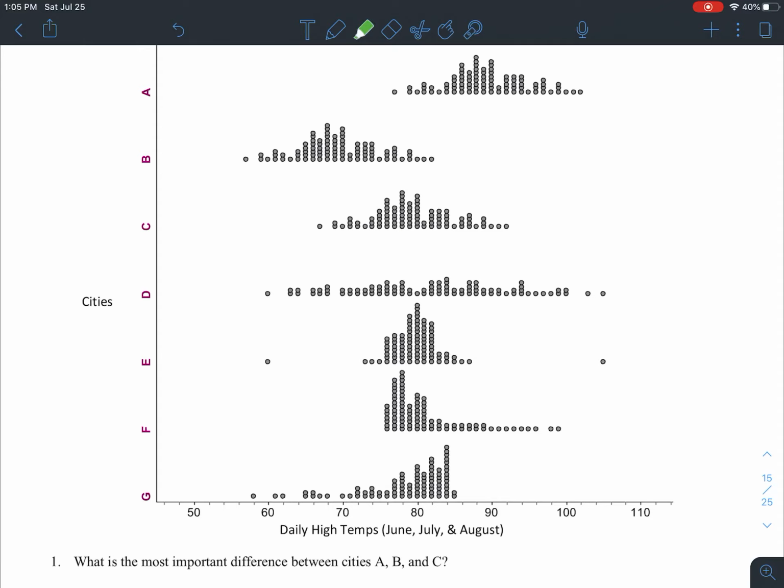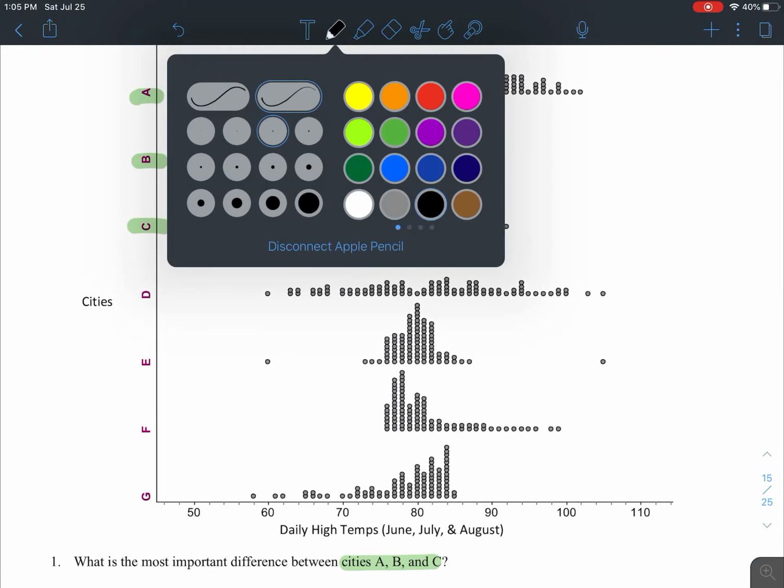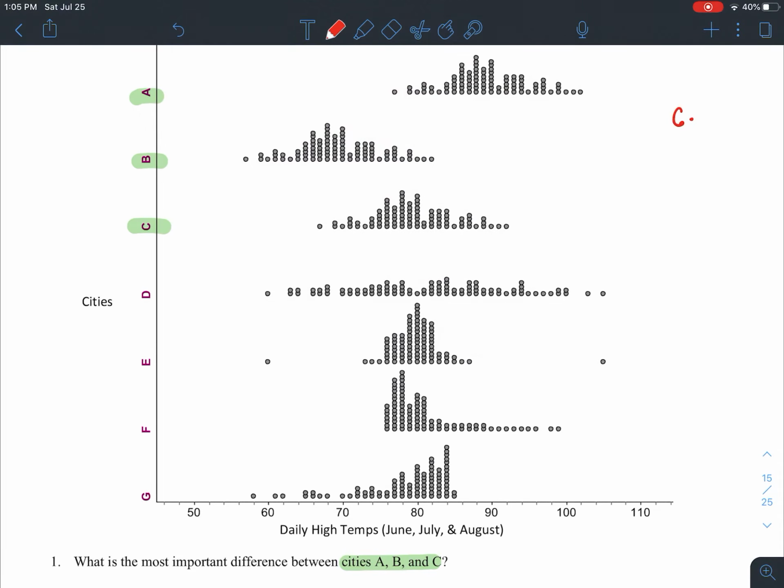Okay, so here's our first question. The first question is, what is the most important difference between cities A, B, and C? Okay. So this is what you want to be thinking when we're comparing these things. You want to be thinking of differences that you see in any of these things. A difference in the center, like where the middle temperature would be.